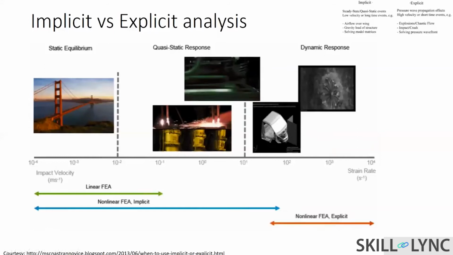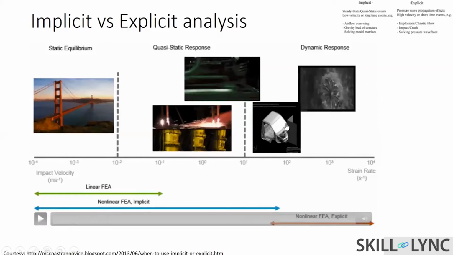The basic analysis you do, low velocity, long event, we call implicit analysis, and explicit dynamics or analysis has to do with high velocity, short time events. A good example is the crash test, impact test, dynamic test.